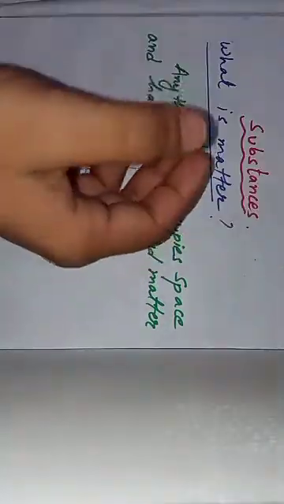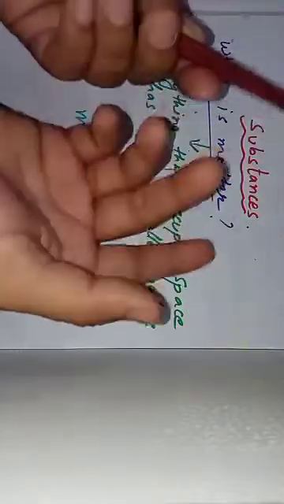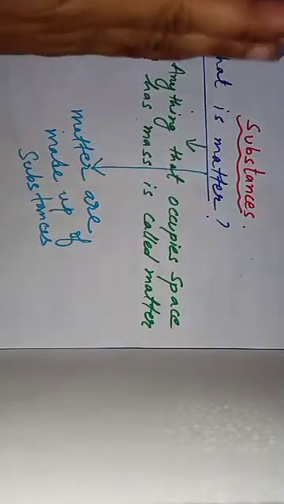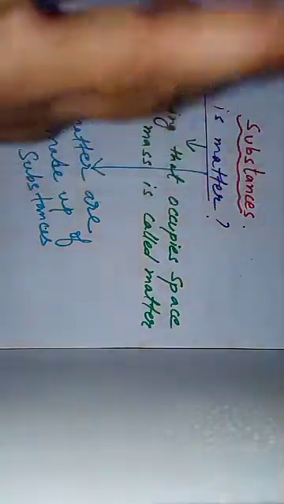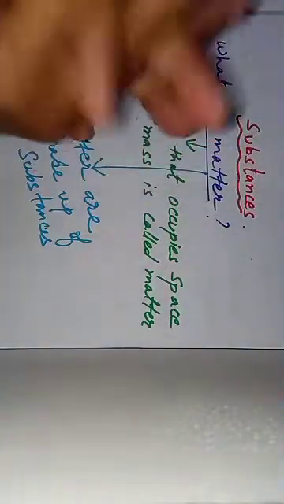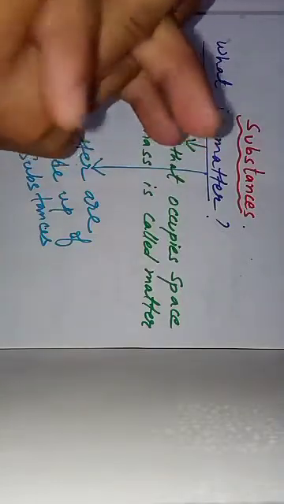This occupies space and has mass, so it must be made up of a substance, and that's steel in this case. This also occupies space and has mass, so it is made up of plastic. This water has mass and occupies space, so this is matter made of a substance, and that is water itself. So substances are the stuff of which matter is made up.